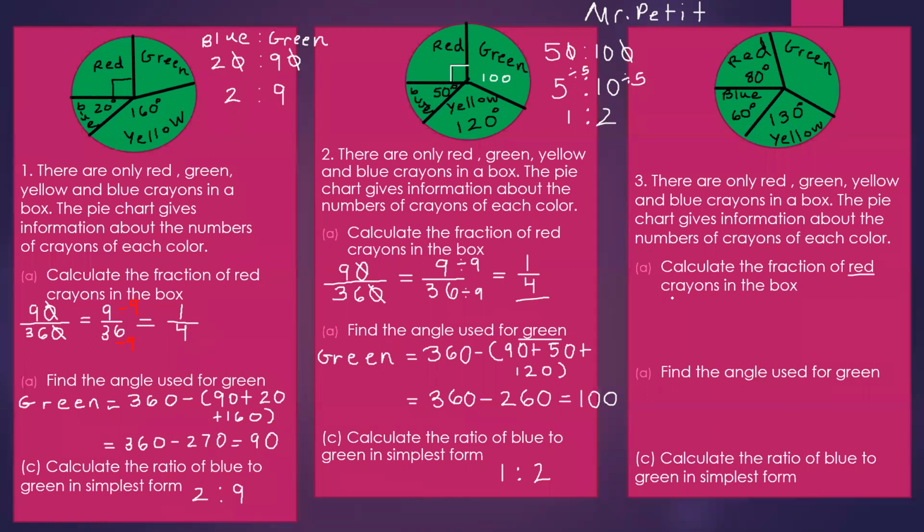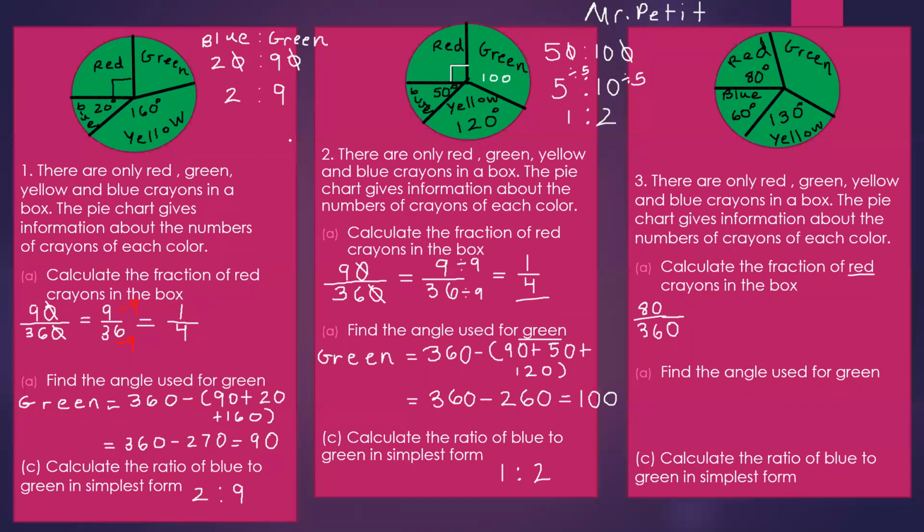So that's 80 over 360. Then it's going to cancel out the zeros, so 8 over 36. I mean 80 over 360 rather, because that's how much is for the entire circle.